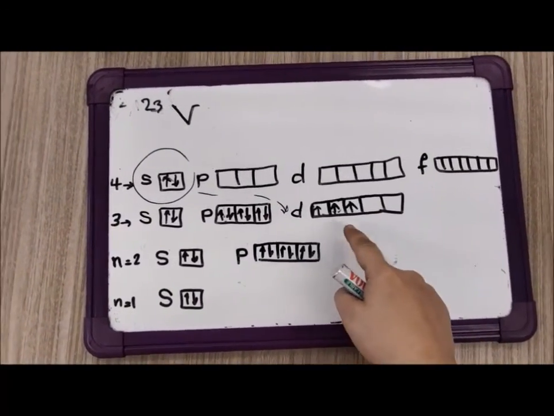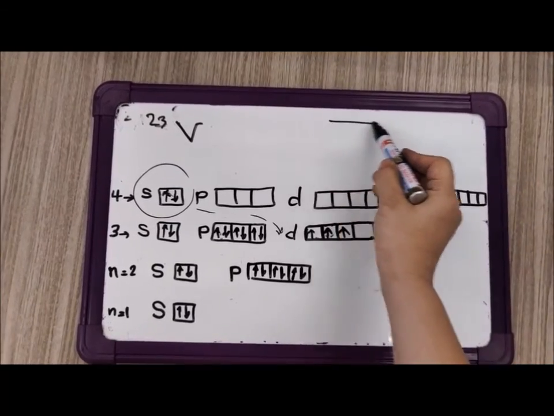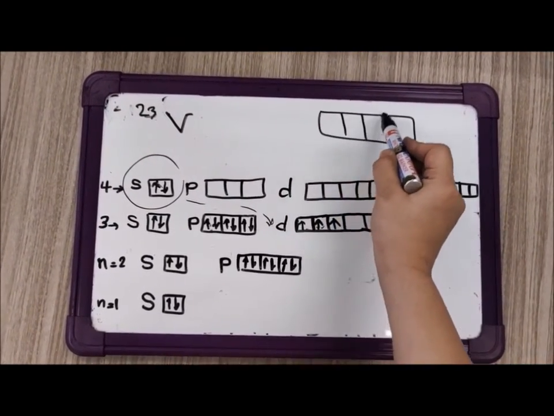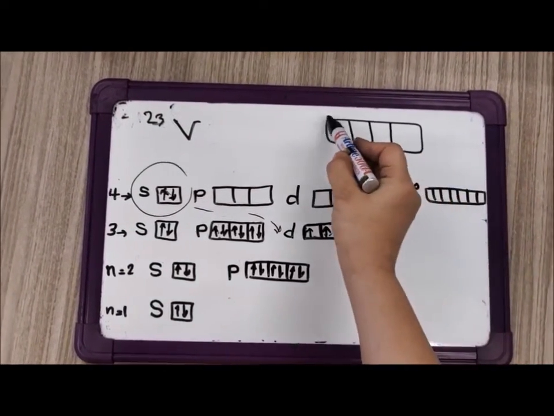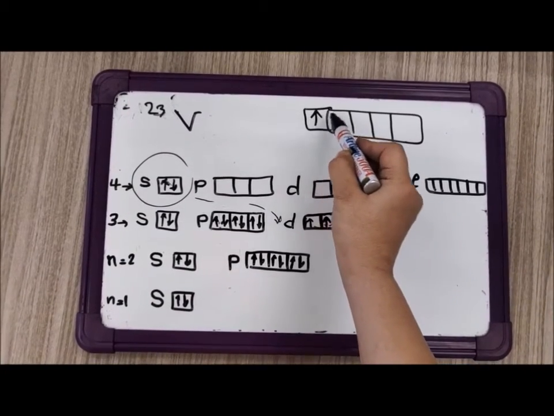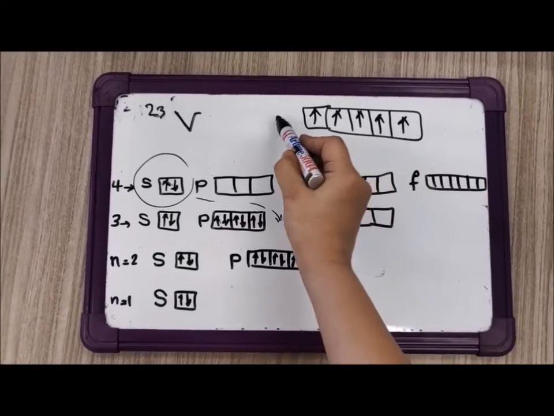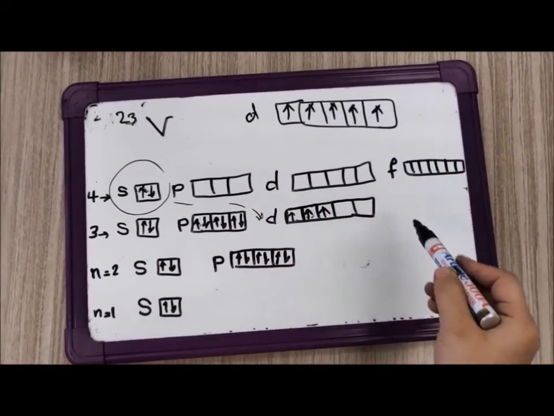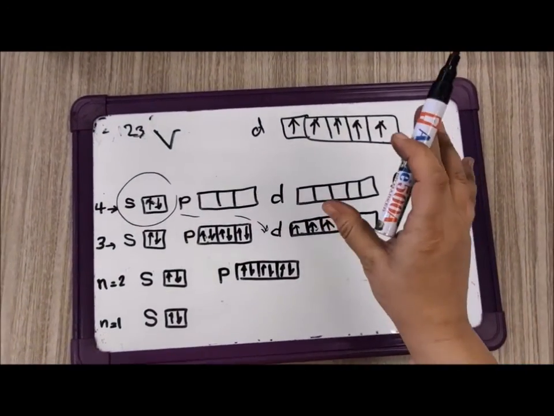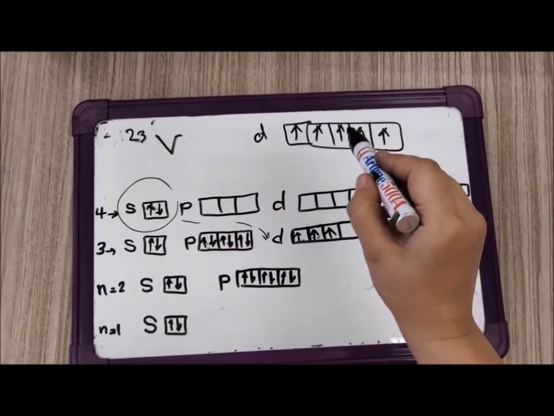When the d orbital is half full, what does that mean? It means that all the orbitals of the d are filled up with at least one single electron. It is more stable and it is more preferred.